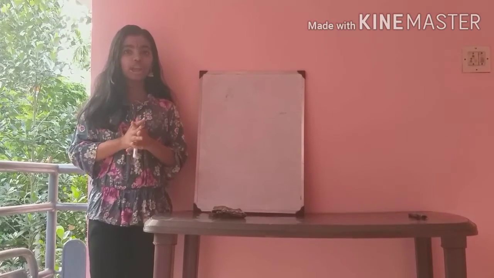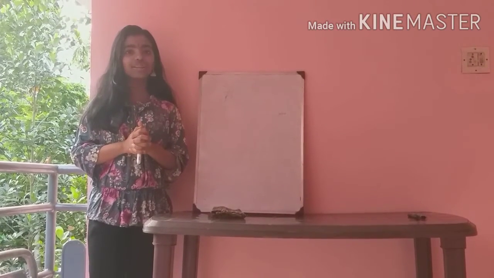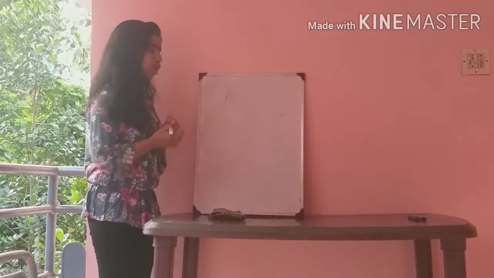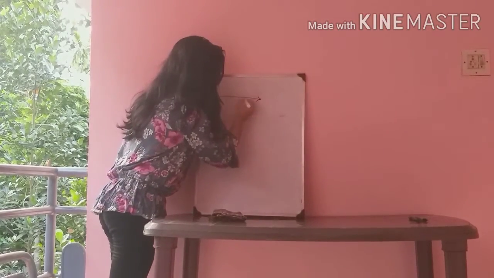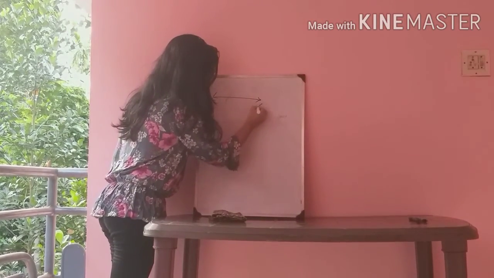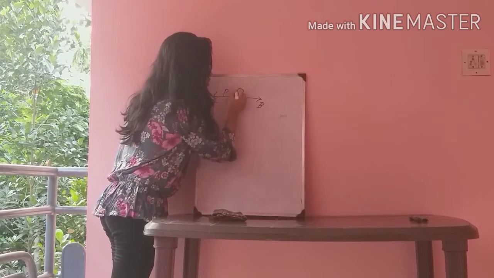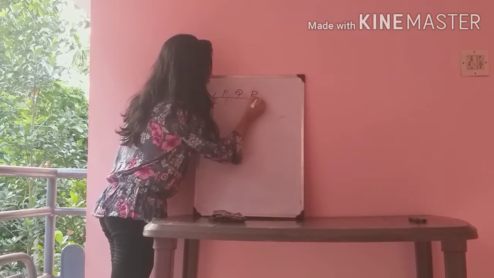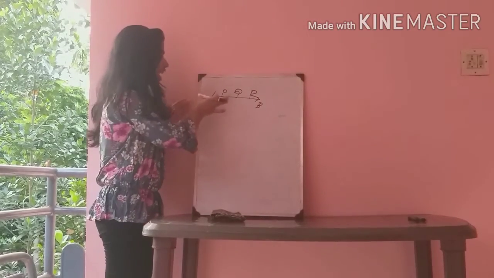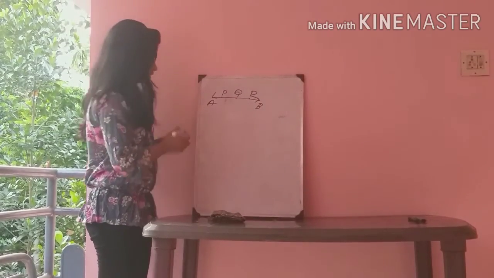A set of three or more points which lie on the same line are called collinear points. This is line AB, point P, point Q and point R are 3 points which lie on the same line AB.